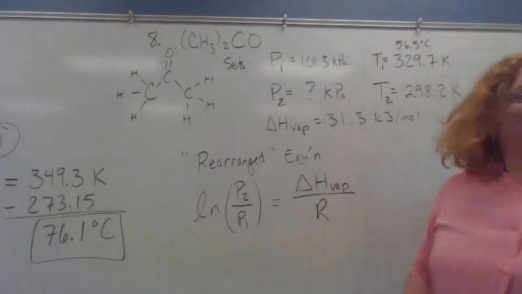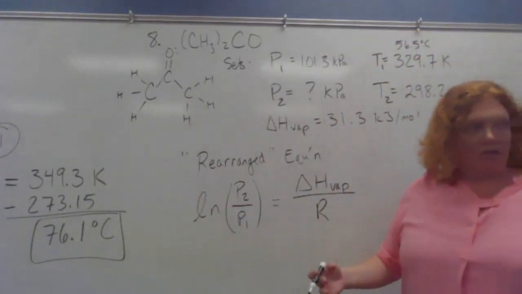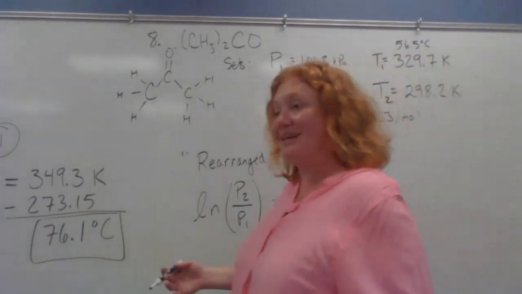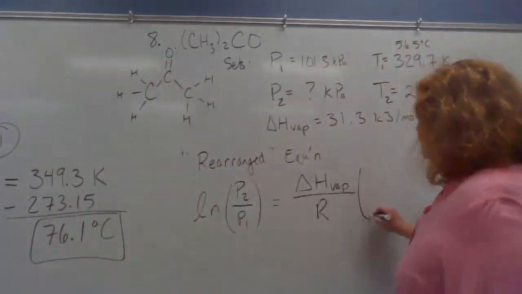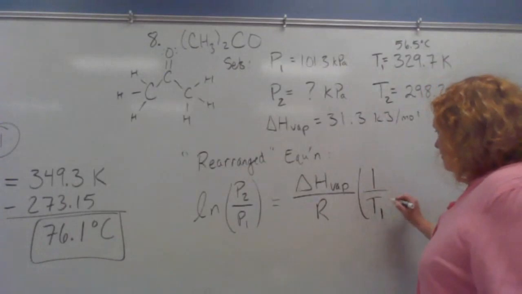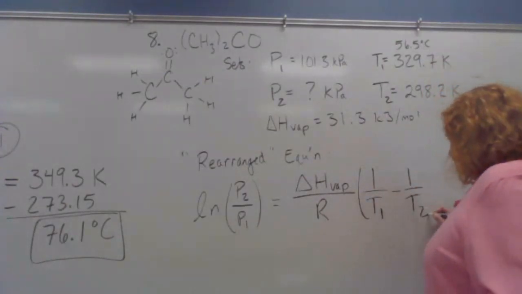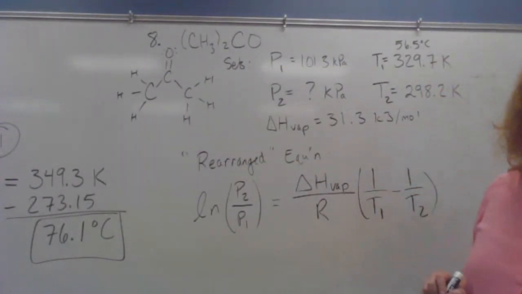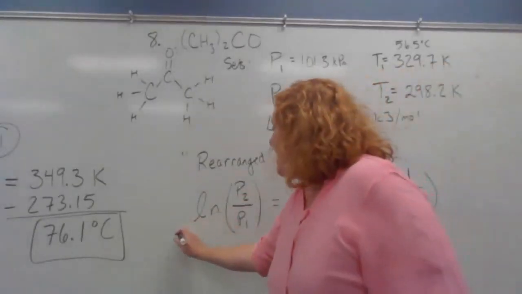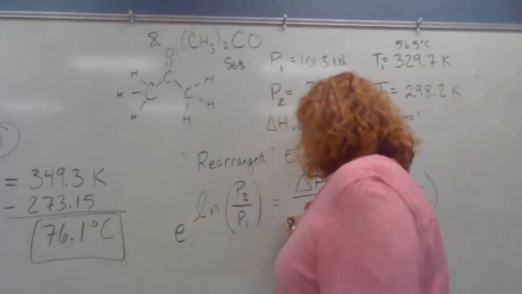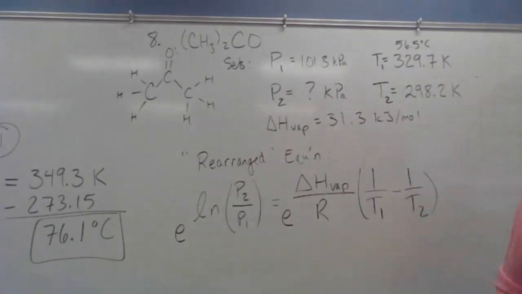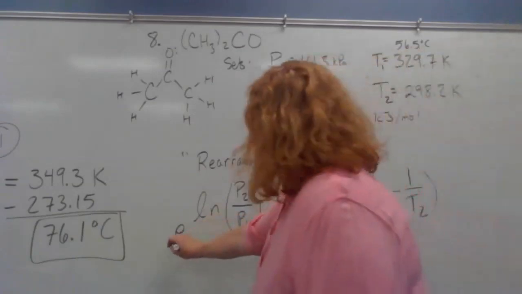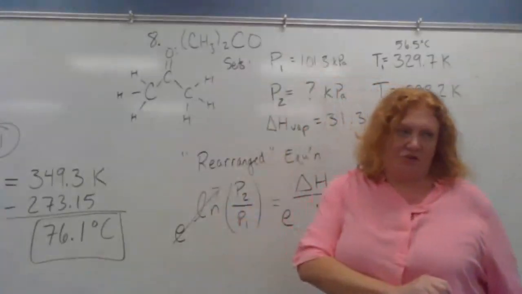You have to take the inverse natural log of both sides. So if this is the equation you start from, the action of raising both sides to E does what? Gets rid of that natural log.